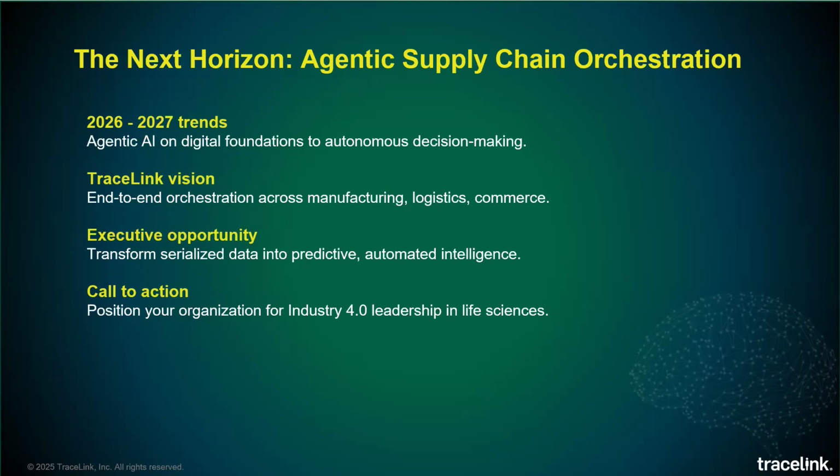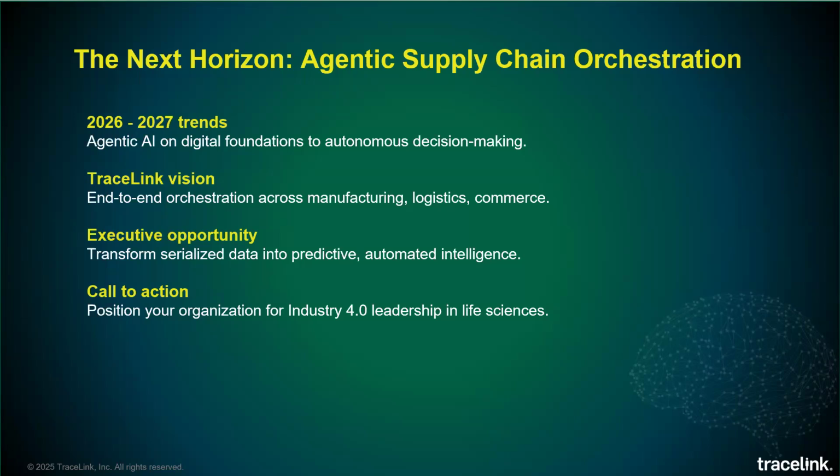So you have to think of utilizing your existing data and how to put it into automated intelligence. You have to think about transforming your serialization data and using it for strategic insights that will drive faster, smarter, quicker decisions or right decisions for your supply chain. So executive opportunity is something you should definitely be thinking about by utilizing the current data in your system.